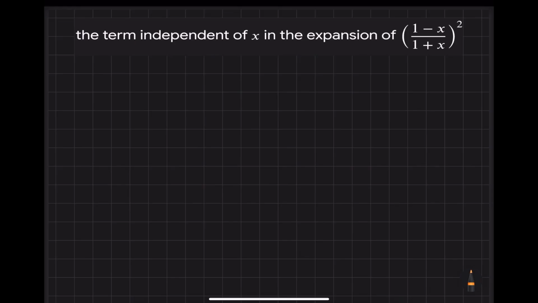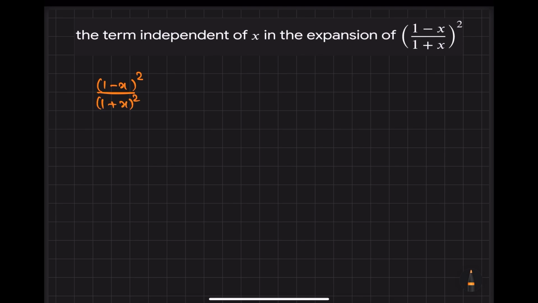So we got this question: the term independent of x in the expansion of this. Okay, so can I write this thing as (1 minus x) power 2 by (1 plus x) power 2?